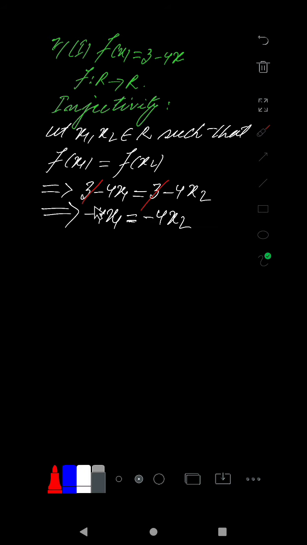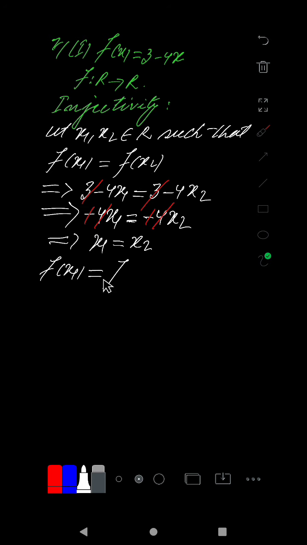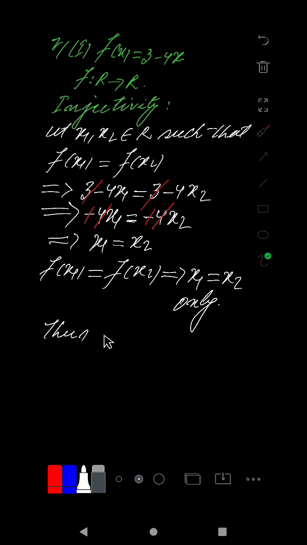Now simply minus is cancelled by minus and 4 is cancelled by 4. We have x1 is equal to x2. So we may conclude that f(x1) is equal to f(x2) implies that x1 is equal to x2 only. Thus, f is an injective function.